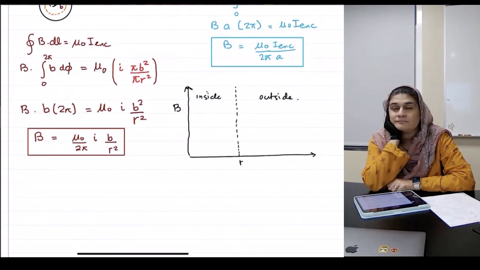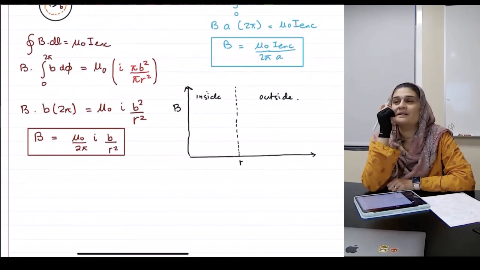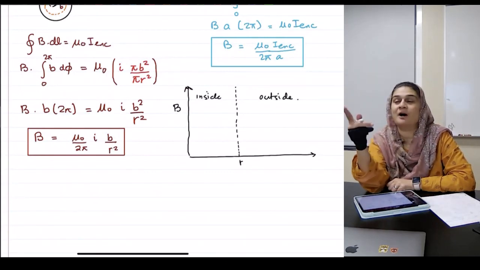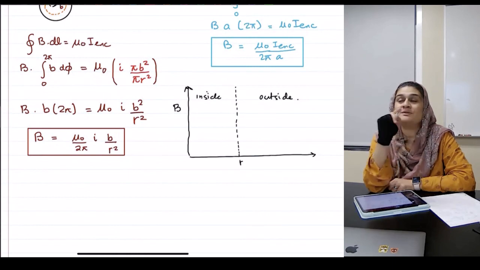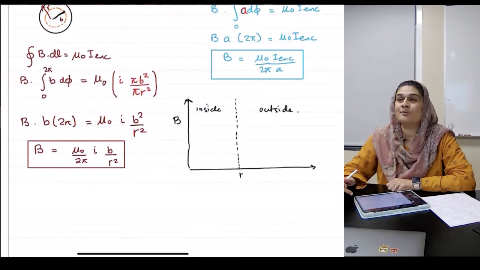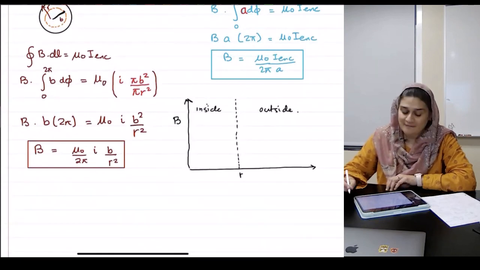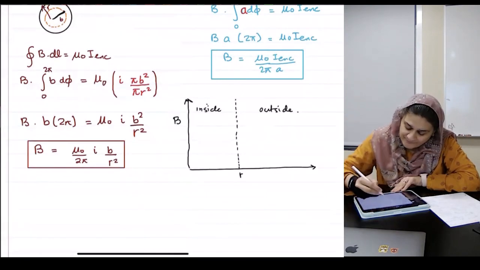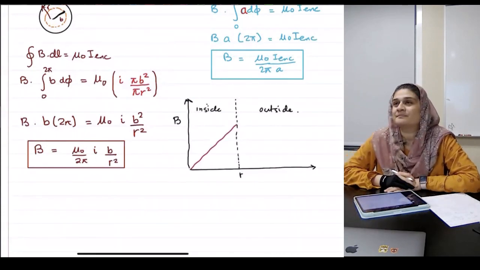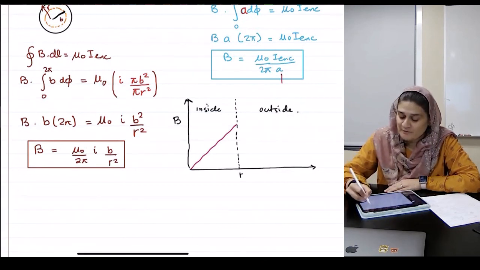What will this graph look like on the inside? Is the magnetic field proportional to R? As you increase your Amperian loop, will your B field increase? And the answer is yes, until it reaches the surface. And then it varies as 1 over A.